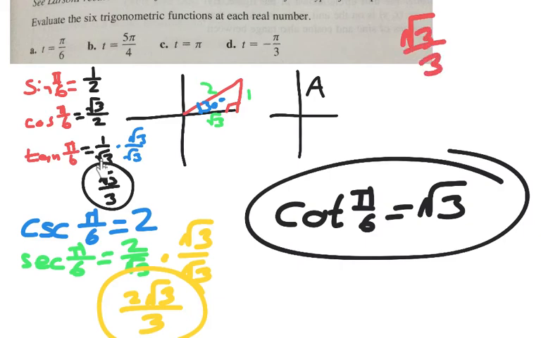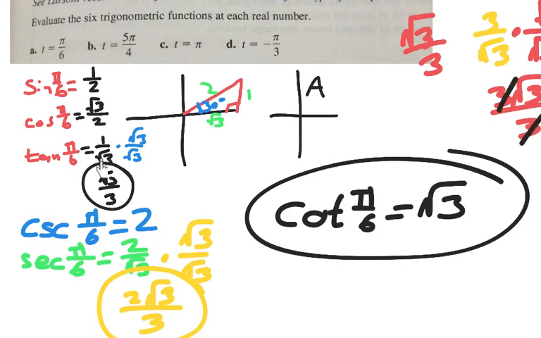If you did flip radical 3 over 3, that would give me 3 over radical 3. And then what would you have to do? Rationalize the denominator. So that's going to give me 3 radical 3 over 3. But that reduces. 3 over 3 is 1, which leaves me with just radical 3. So if you do flip the answer here, you can still get the correct answer. You're just making yourself do more work instead of flipping the original.